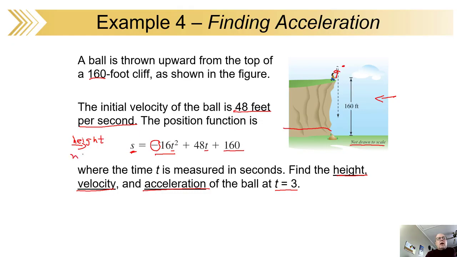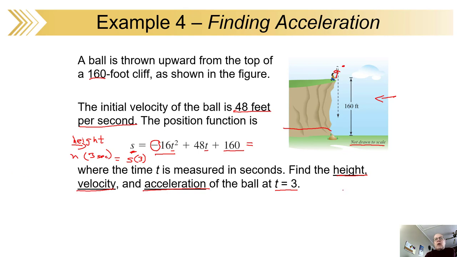If we want the height at 3 seconds, all we need to do is put 3 seconds in for all those t's. You can use your calculator easily to find that. In fact, you probably wouldn't have to use the calculator. That'd be good practice.